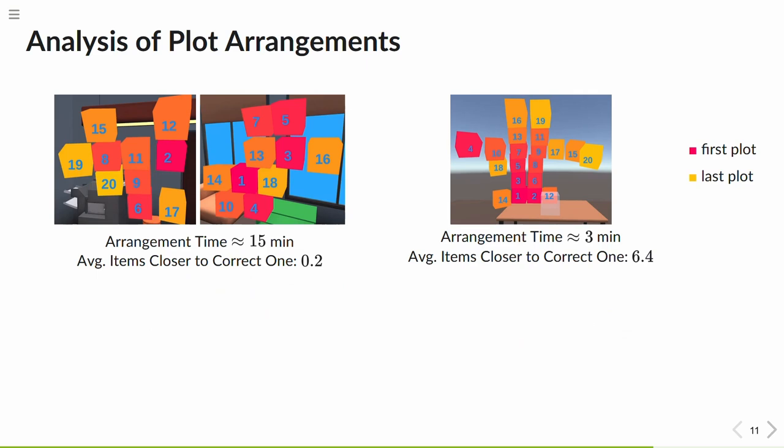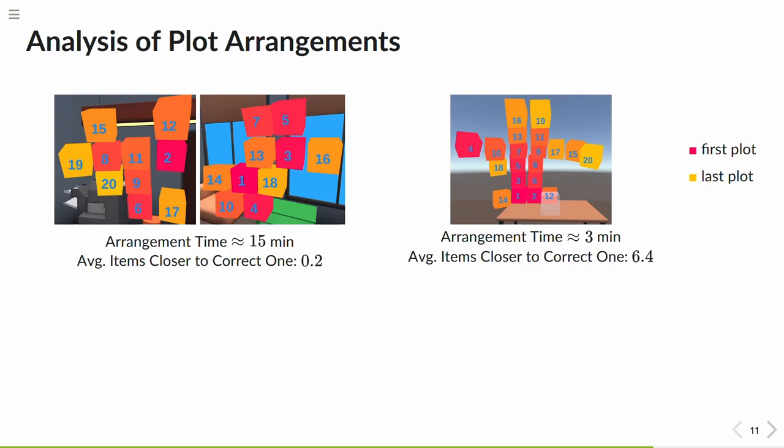To get a better impression, we will go through the final arrangements of two participants. Here we color-coded the spawn order from red being the first plot spawned and yellow being the last one, and also added the spawn numbers written in blue. In the first example, the user spent about 15 minutes in the arrangement and had the overall lowest error rate.